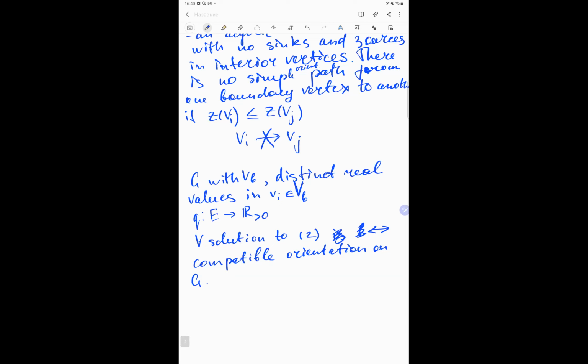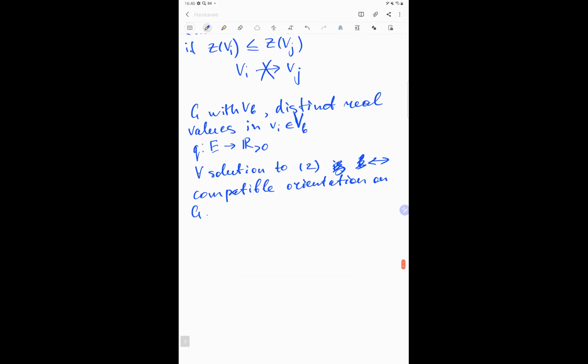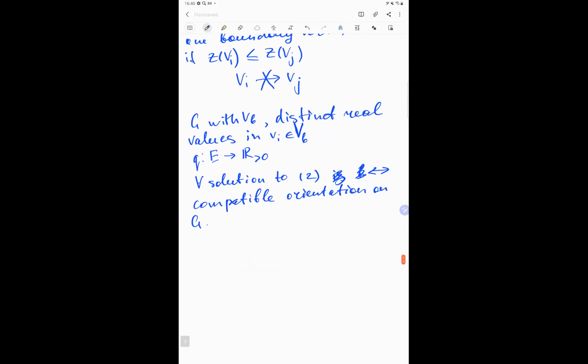So, now, еще утверждение такое, что любое решение второго уравнения соответствует ориентации. То есть надо расставить Z на внутренние вершины, и тогда будет биекция из полученных решений в ориентации. And what is the relationship between the orientation of an edge and the value of Z?